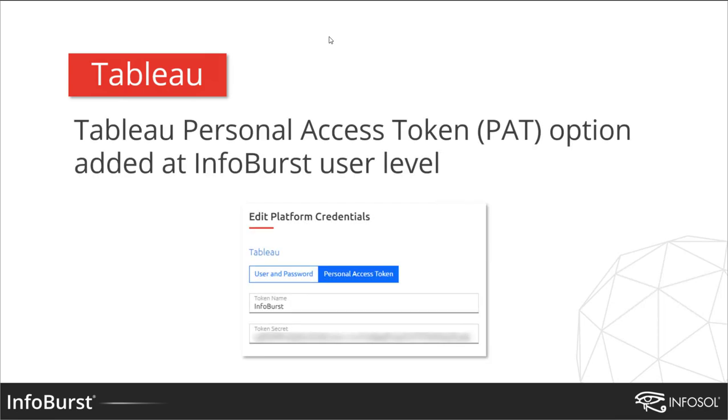In 2023.3, we've introduced the ability to configure the Personal Access Token at either the platform level, so one token for all users, or configurable at the individual user level, where each Tableau user can add and authenticate using their own PAT.